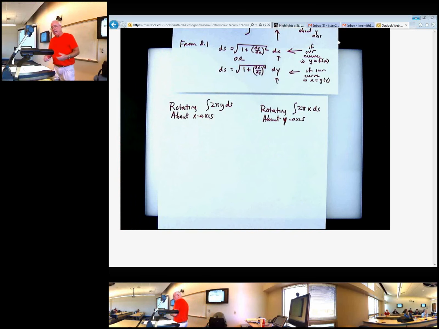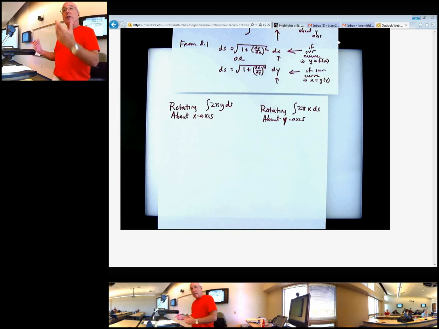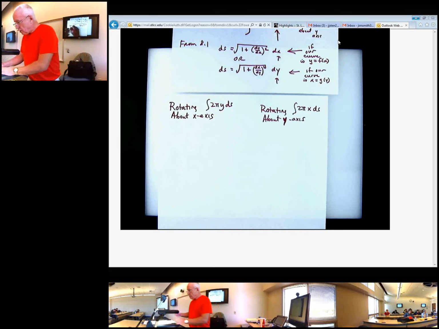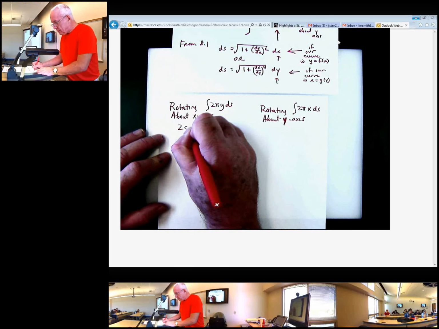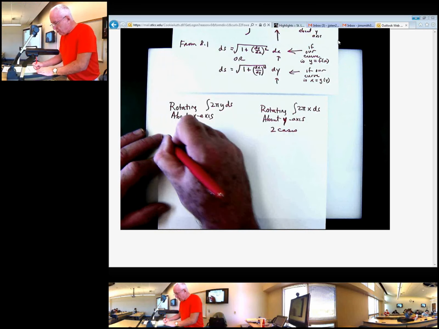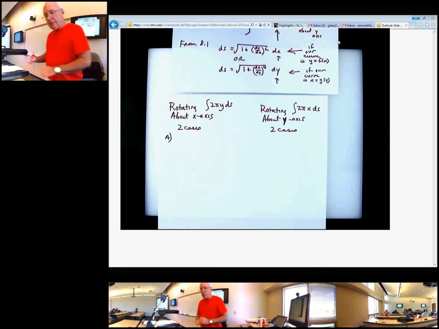One is the case where our curve is written as a function of x. The other case is if our curve is written as a function of y. So under each of these, we have two cases.